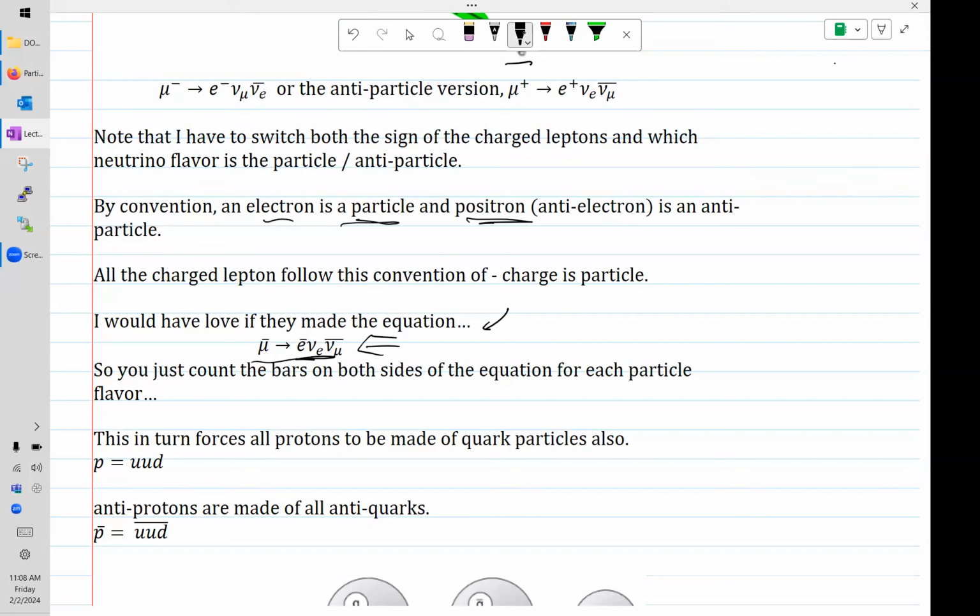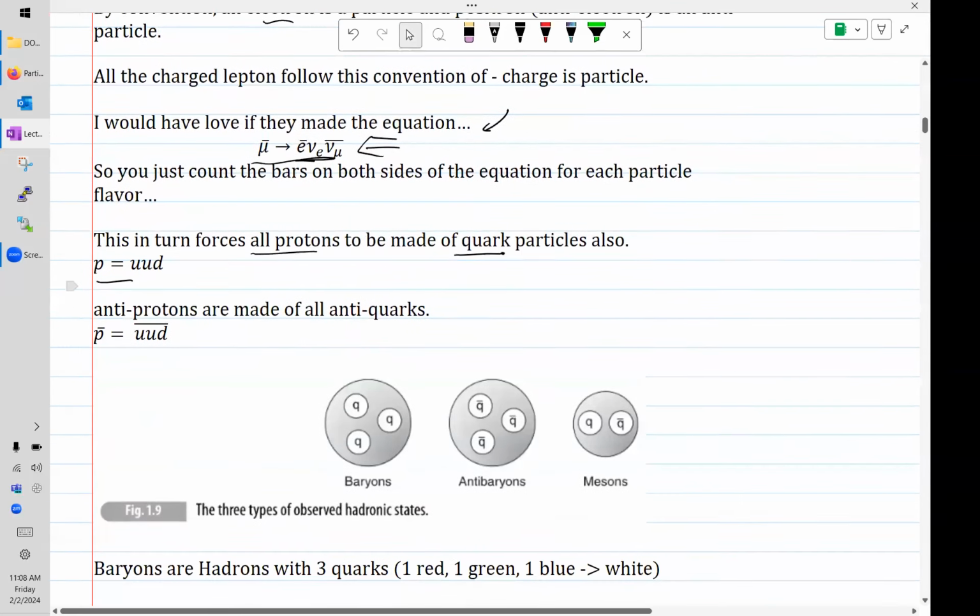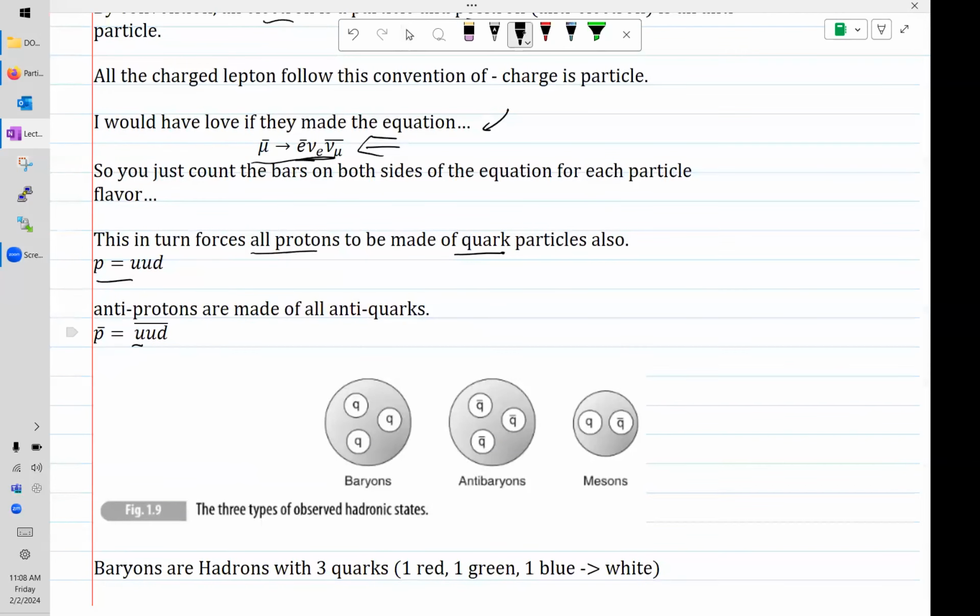Anyway, it turns out that the protons that are made of quarks also have antiparticles. The proton, as I mentioned before, is made up of 2 up quarks and a down quark, plus a bunch of gluons running around. An antiproton has a -1 charge. The way you make that is that you have an anti-up quark, another anti-up quark, and an anti-down quark.